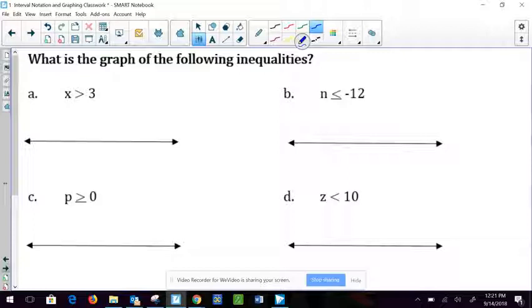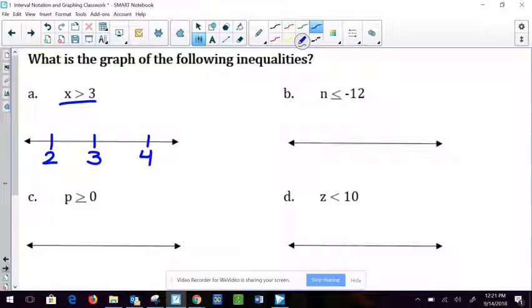All right, so now we're going to move on to graphing our inequalities. If you noticed, A through D right here all have the variable on the left-hand side. That makes our graphing really easy. We just start by putting 3 lines. Whatever number is part of your problem, that's the number that goes in the middle. And you ask yourself, what number comes before 3? 2. What number comes after 3? 4. And now you look at your symbol.